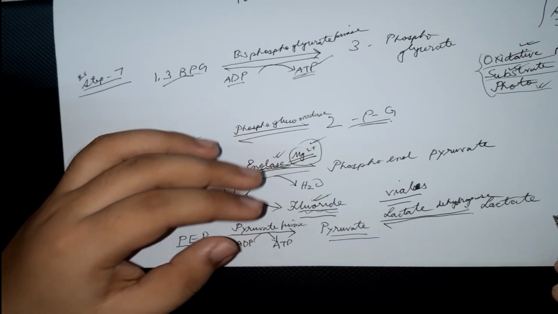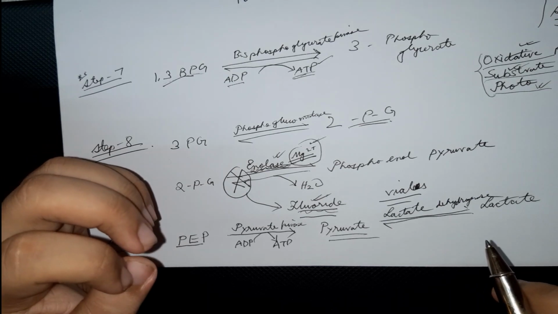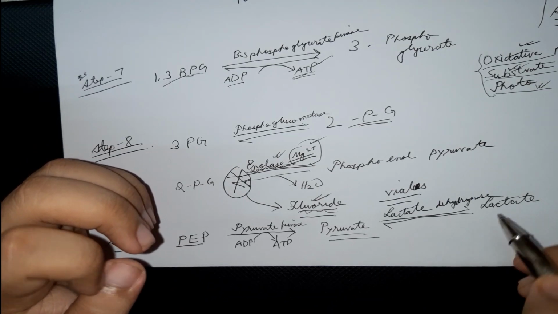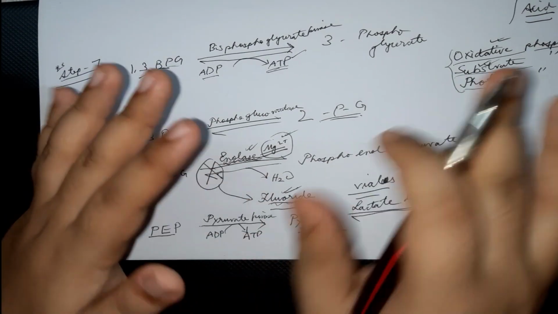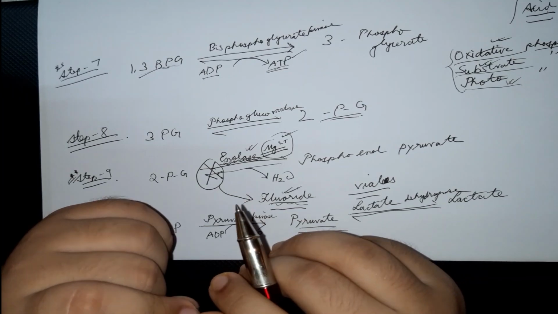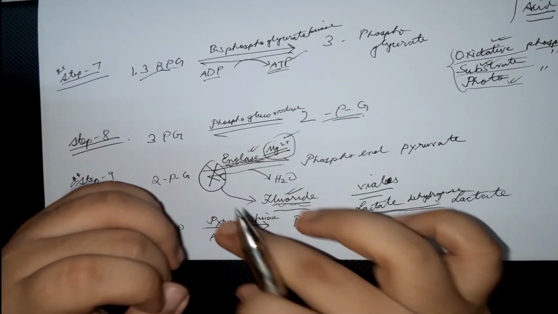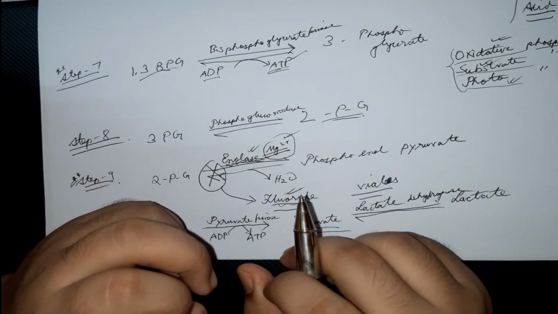Okay, done. So pyruvate to lactate. I can't give you a logic for this until we know the actual structures and the organic chemistry, the molecular thing that is going on. Without that, we can't talk about it.